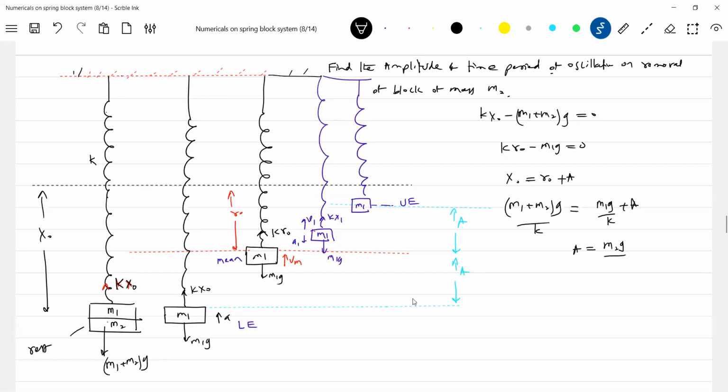Sir, how did you write x naught equals r naught plus A? Okay, look at the diagram.